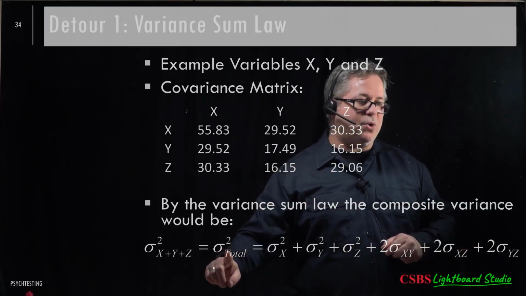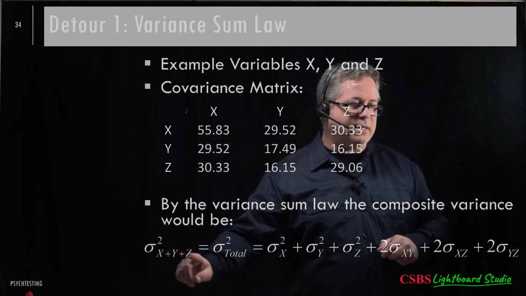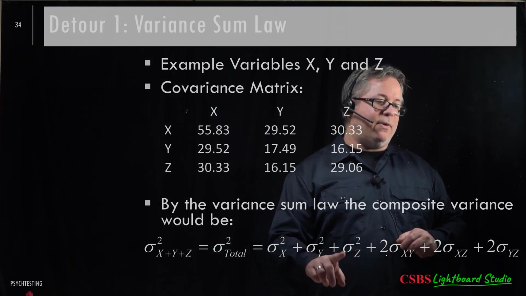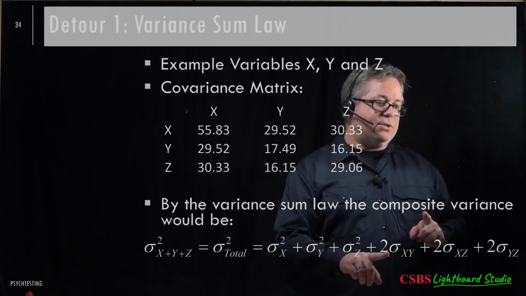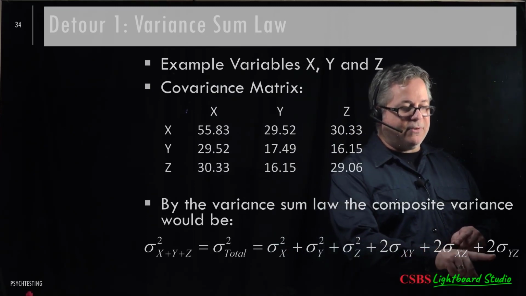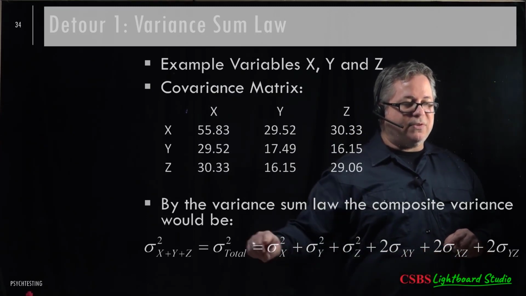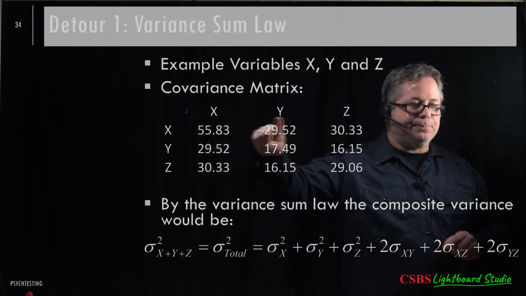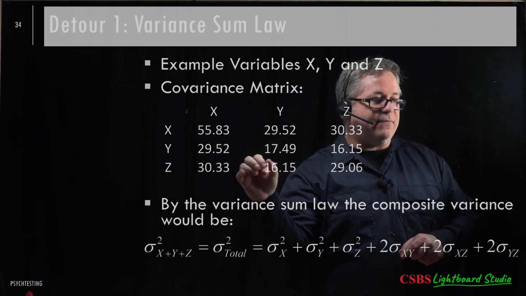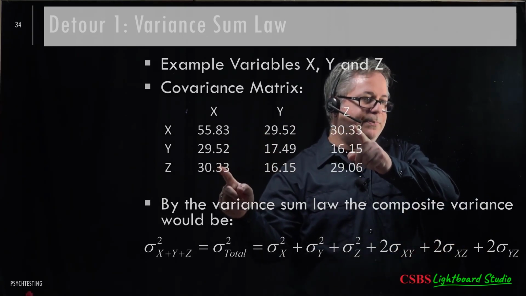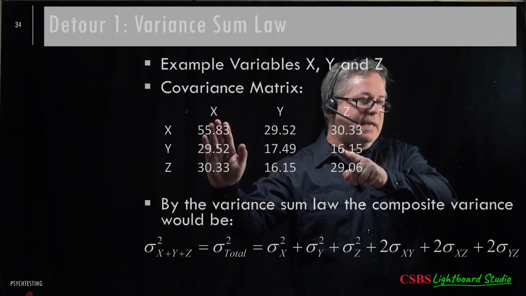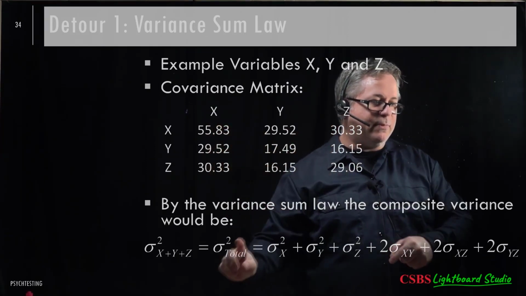That would mean the total variance, adding up x, y, and z together, would be the variance of x plus the variance of y plus the variance of z, plus 2 times the covariance of x and y, 2 times the covariance of x and z, 2 times the covariance of y and z, which is another way of saying just add up everything in this matrix. So if I just add everything in this matrix together, it's going to give me the total variance.